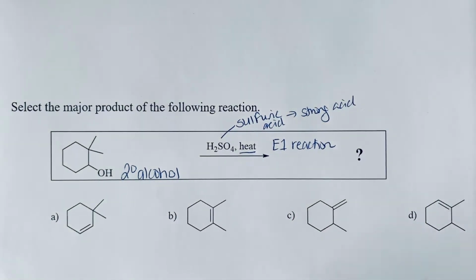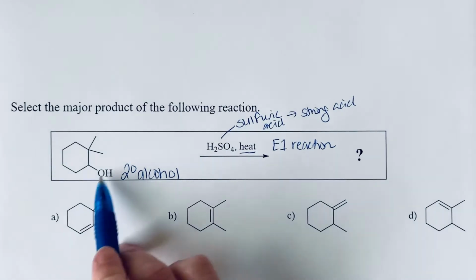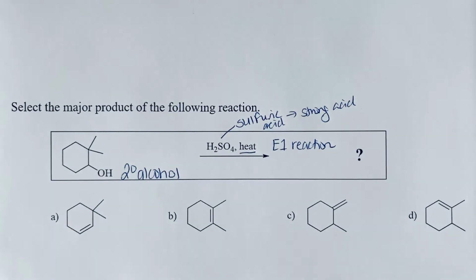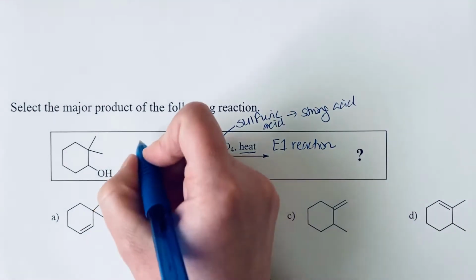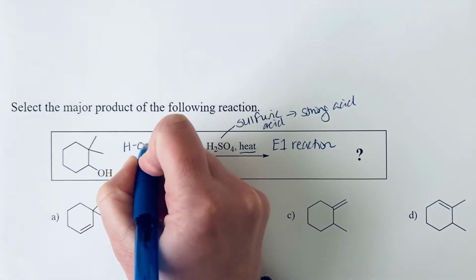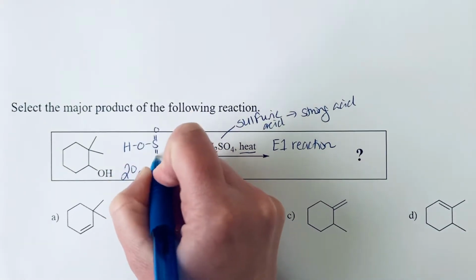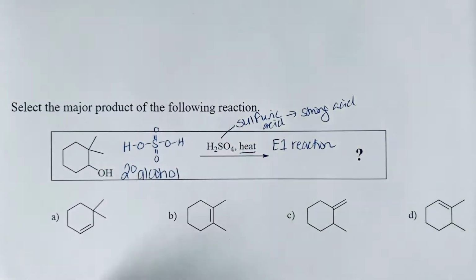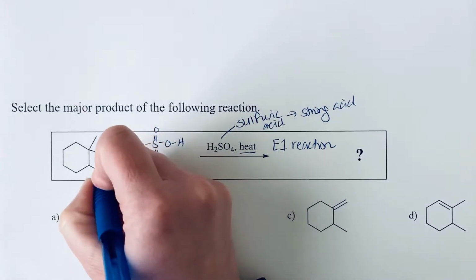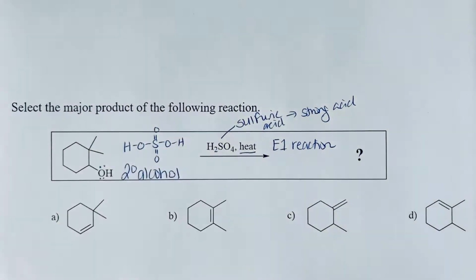So what we need to do here is, first of all, to take this alcohol, which is a poor leaving group, and transform it into a good leaving group. And that's what the role of the sulfuric acid is. So if we have sulfuric acid and we have an alcohol, the first thing that's going to take place is an acid-base reaction. So this is a reaction to get this molecule set up to do the elimination reaction.